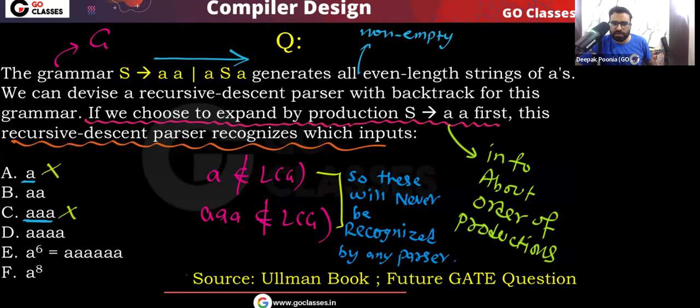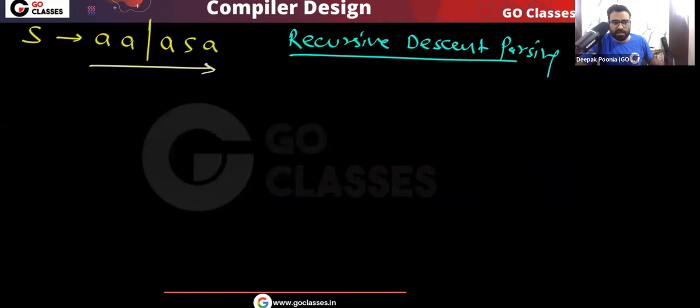Very simple. Now let's see what about this a power 4, a power 6. Now something interesting is coming, and you will appreciate this recursive descent parser. So you can see this string w, and of course there is a dollar to indicate the end of input.